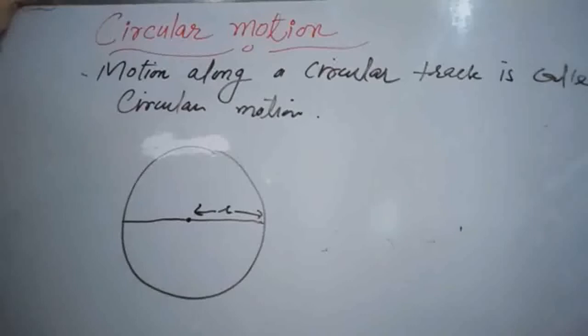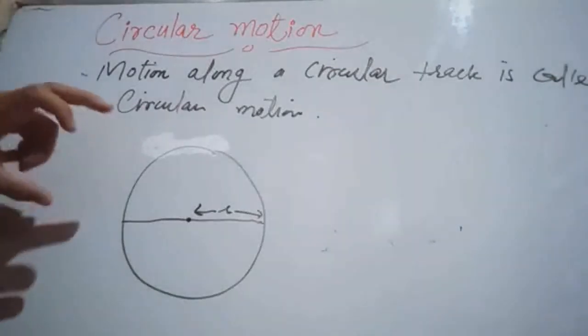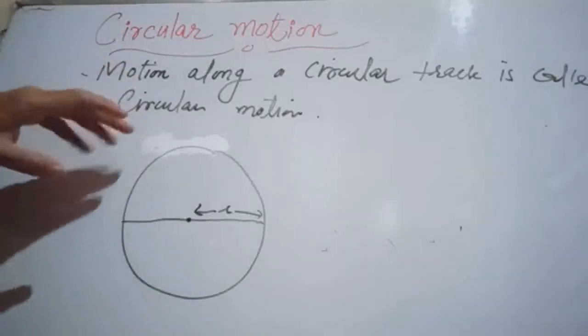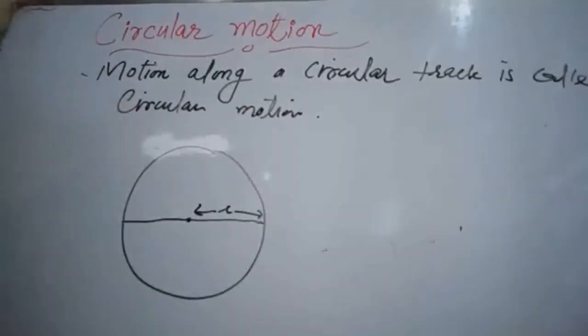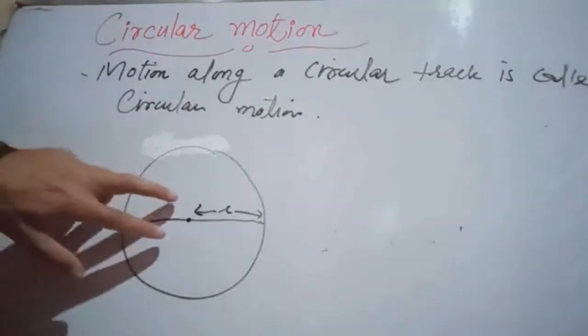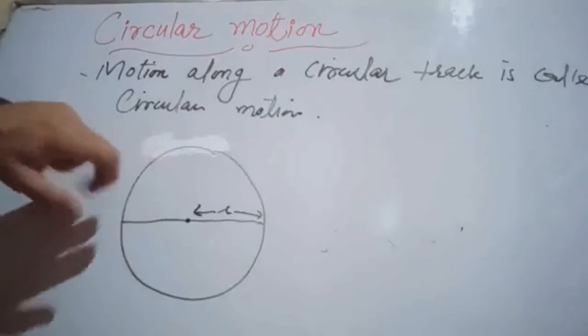An object moving along a circular track with uniform speed is an example of accelerated motion. This concept has to be understood.